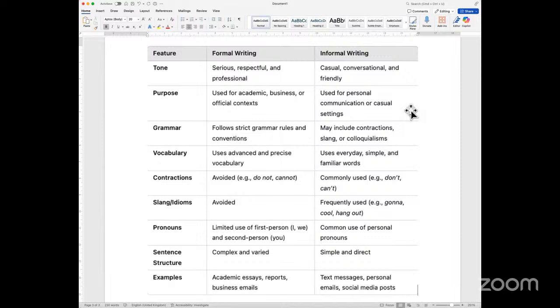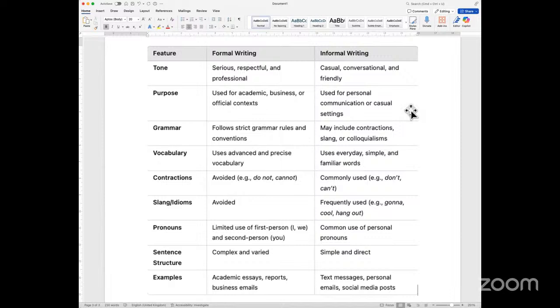In those cases, your choice of words and the way you write is going to be more personal and casual, and that is seen as informal writing. The choice of words, the construction of sentences, and the vocabulary you use are going to be quite different on both occasions.